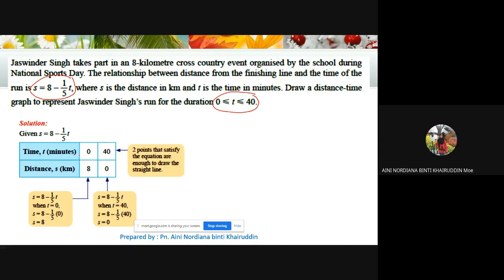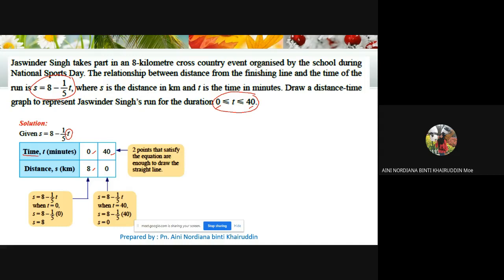Kita tengok contoh yang ketiga. Yang ni dia bagi equation dan dia bagi duration. So, yang ni tak perlu buat banyak-banyak table. Masa tu ambil kosong dengan 40. So letaklah kosong 40 dekat time. Distance, you akan dapat distance ni selepas masukkan value T. So kalau masuk value 0, you akan dapat 8.